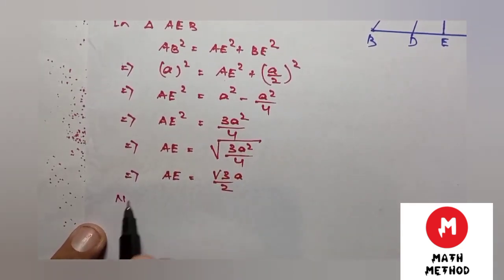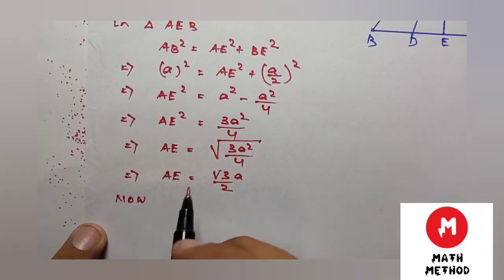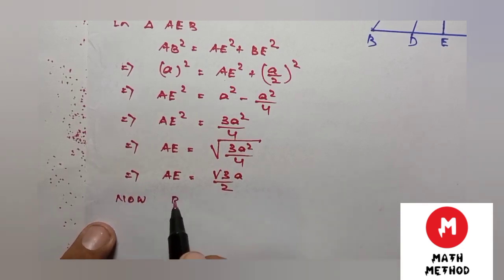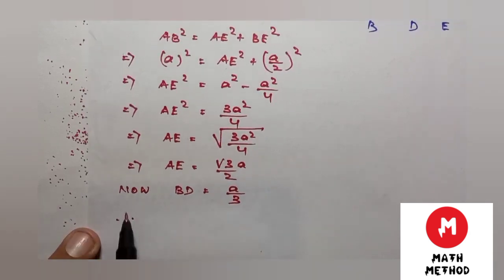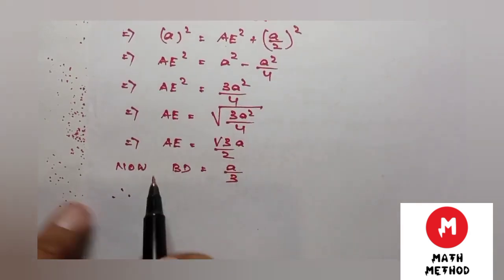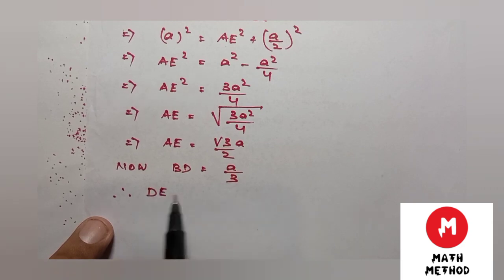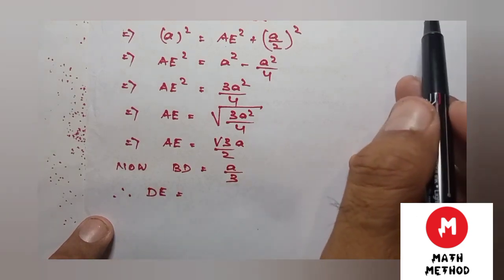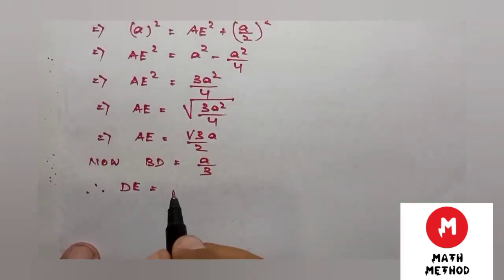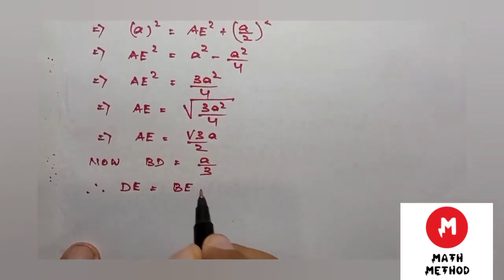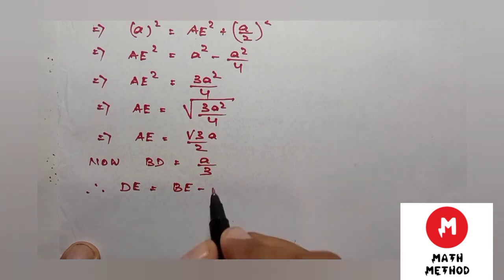Now here given that BD equals 1/3 of this side, so this will become a by 3. Now therefore we will find out DE. This is our DE. DE will be BE minus BD.